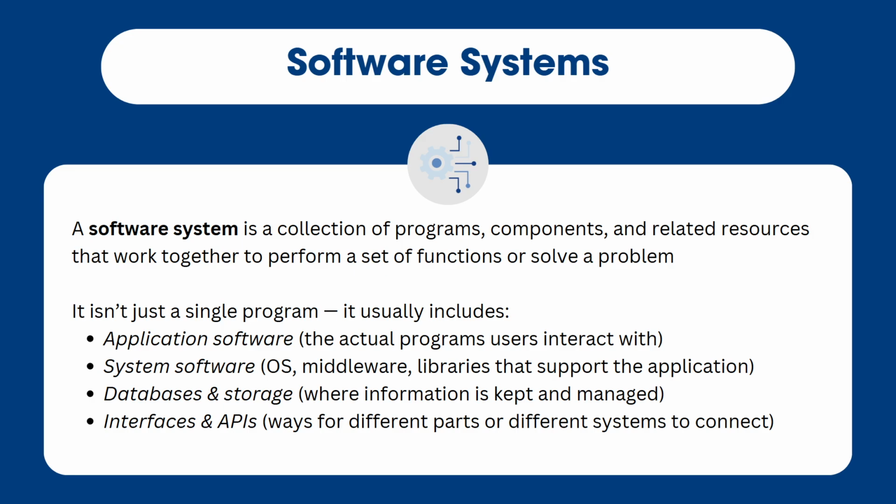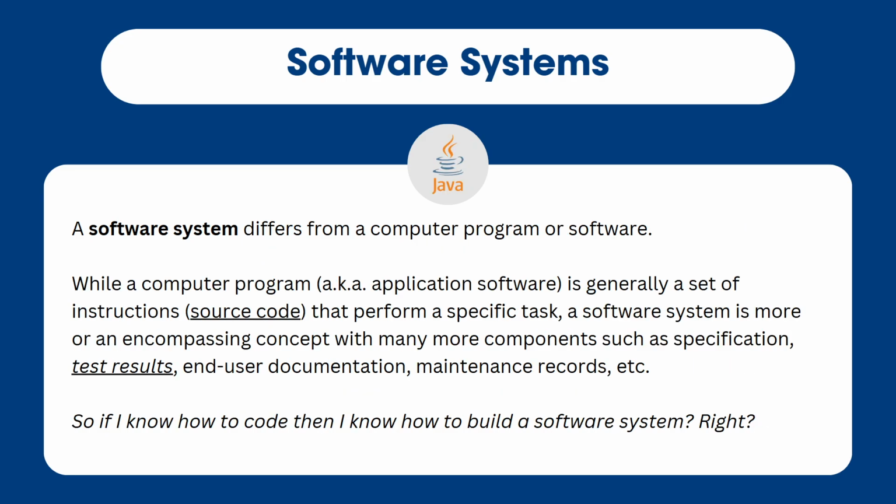So that's software systems. It's not just one app. It's not just one component. It's a lot of things working together. And it's not just the technical stuff. It's not just the code. It can be the documentation. Documentation will have details on how to use the app and what kind of requirements you need for the app.